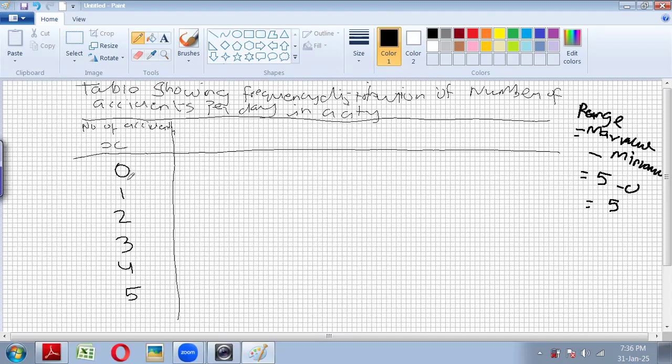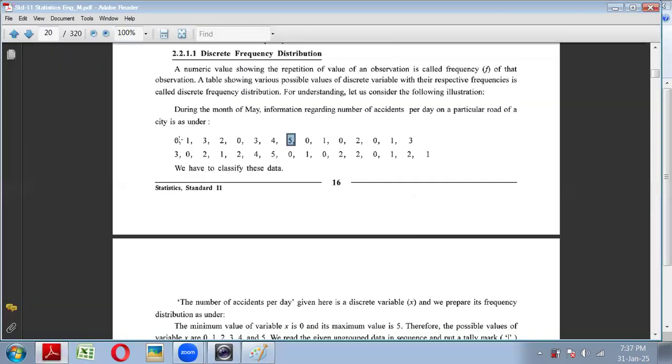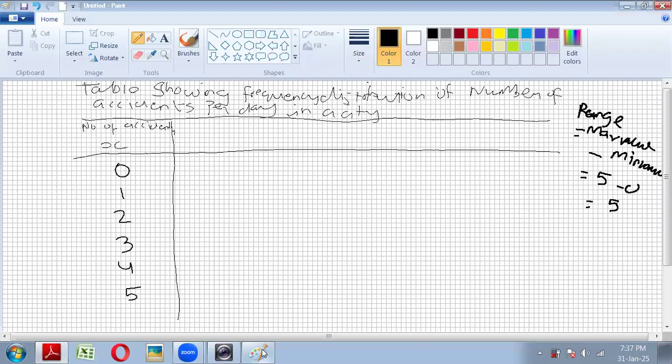ये जो डेटा है 0, 1, 2, 3, 4, 5, यहाँ पे जो फिगर्स है 0 भी है, 1 भी है, 2 भी है, 3 भी है, 4 भी है और 5 भी है. 5 से बड़ा कोई वैल्यू ही नहीं है. सो 0 to 5 I have shown, right? Now let's continue our example.